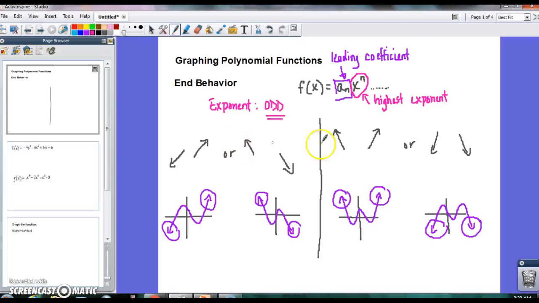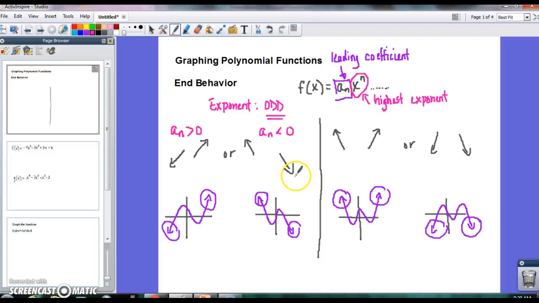Okay, now how do you tell which is which? And that comes from the leading coefficient. If your leading coefficient, so a sub n, is positive, you're falling on the left and rising to the right. If your leading coefficient is negative, you're rising on the left and falling to the right.